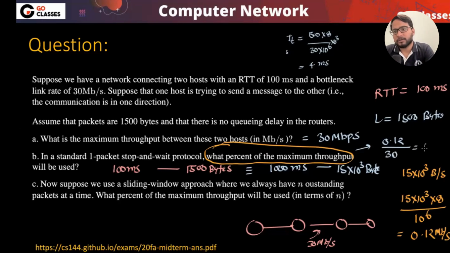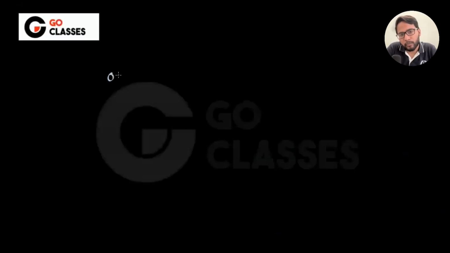So it will be 0.4. Sorry, 0.04, I think. 0.4 or 0.04. Yeah, it will be 0.4. In terms of percentage, I'm writing. You have got 0.12 as the throughput here, and the bandwidth given to you is 30 megabits per second.